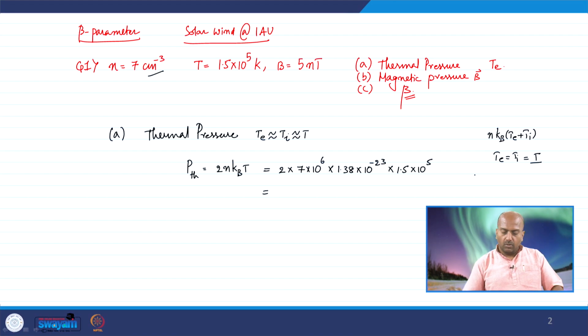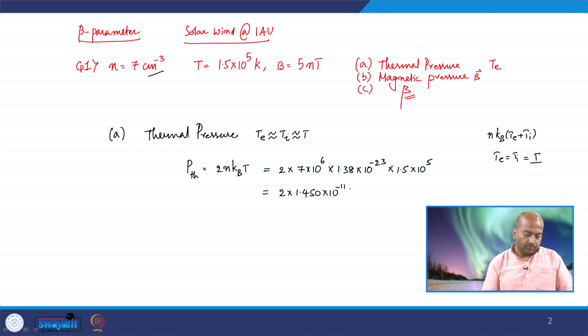So, do this calculation, you will get it to be equal to 2 into 1.450 10 to the power of minus 11, or approximately equal to 2.90 10 to the power of minus 11 Pascal, or 29.0 pico Pascal.